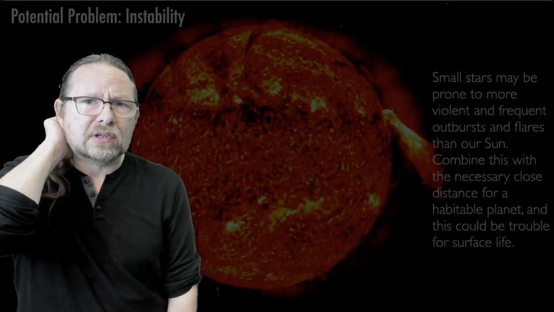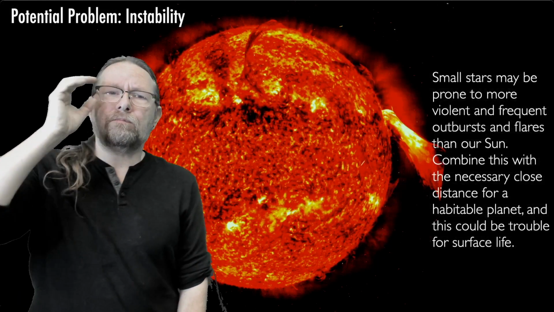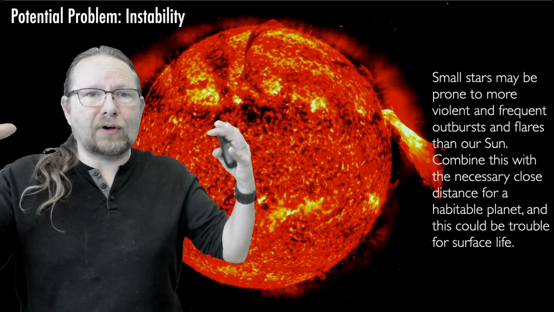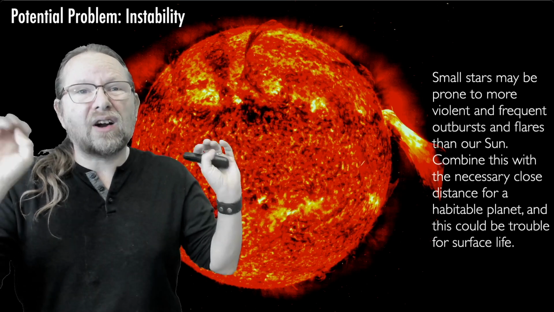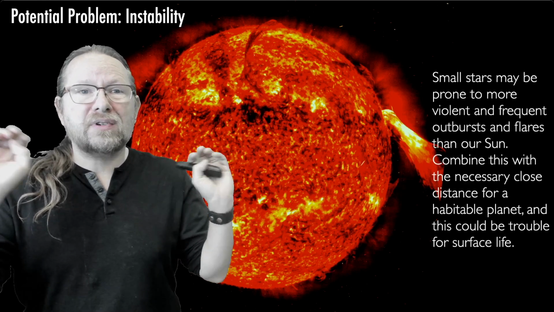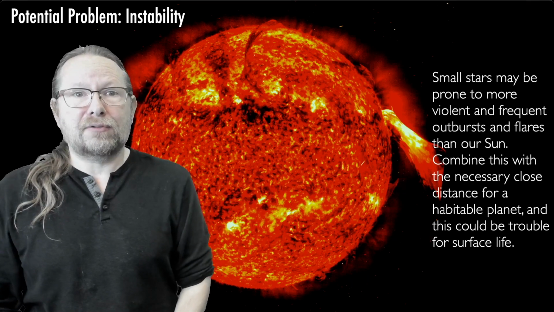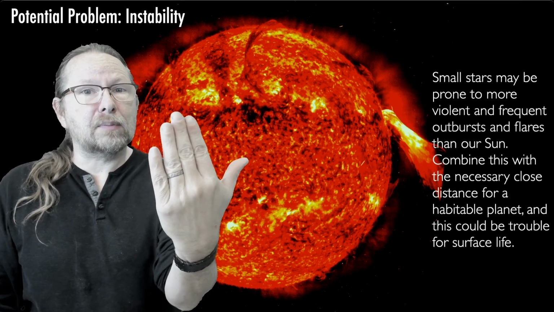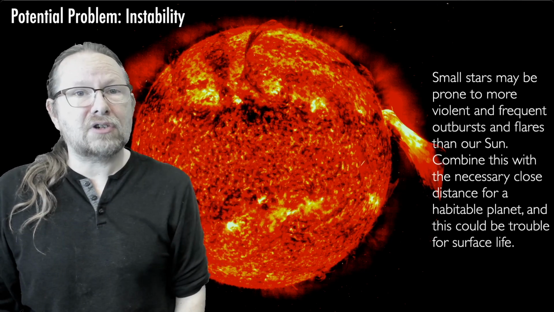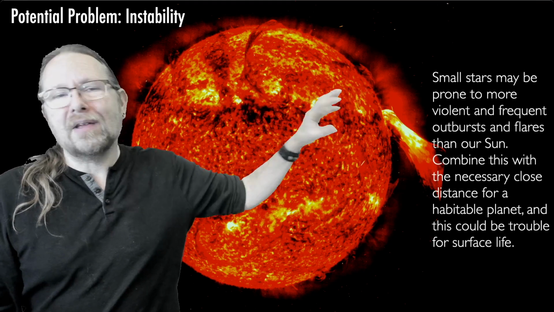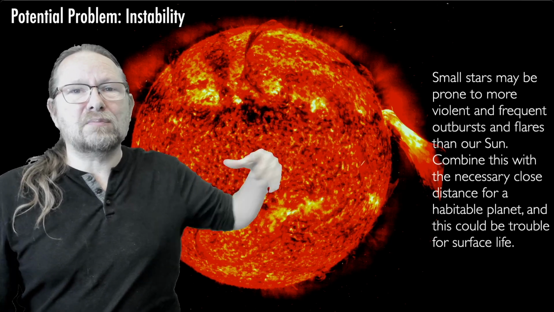One of those issues has to do with the fact that there is some evidence that small stars, because there's less gravitational pull holding them in, are more unstable and more prone to violent outbursts, like super solar flares. And if your planet, in order to be habitable, was really close to that star, you'd be getting cooked by these solar flares all the time, because the star is more volatile.